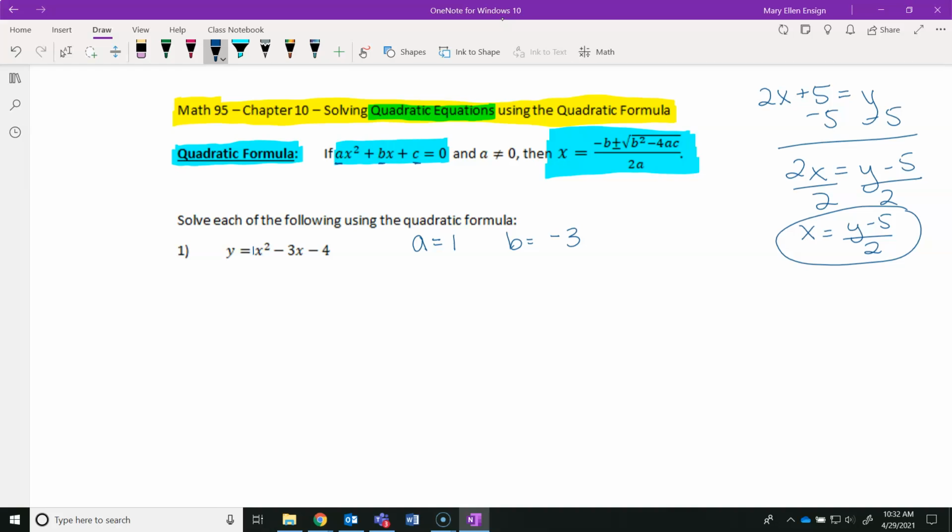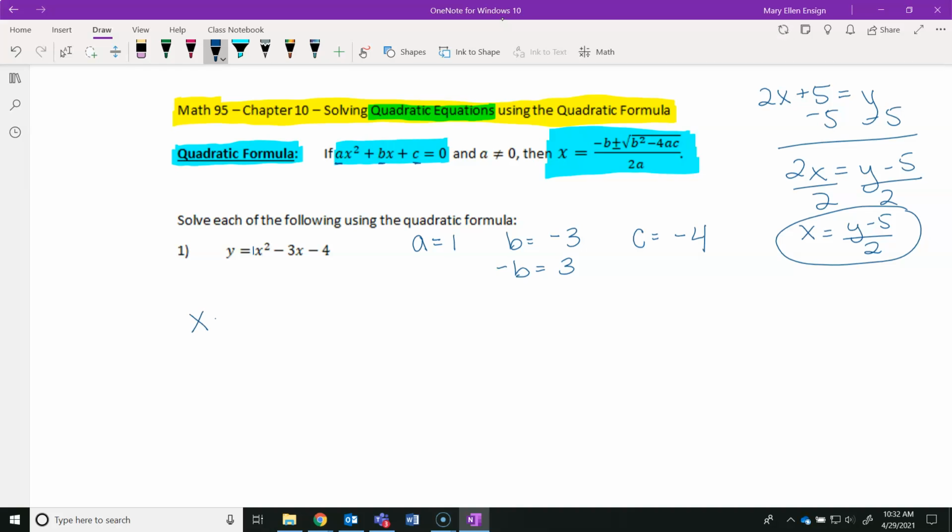Watch your signs, it's -3, and C is -4. Now you might notice that in the quadratic formula, the very beginning of it on the right side has -b. So sometimes I like to write that out right from the beginning too. So if b is -3, then -b is the opposite of that, which is +3.